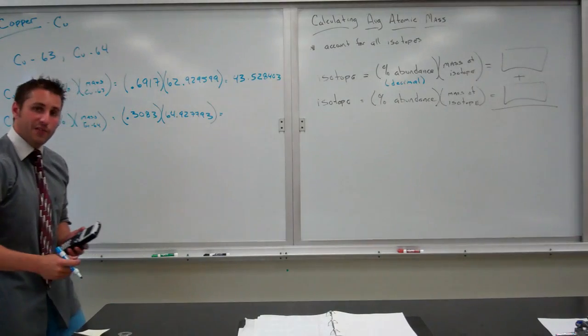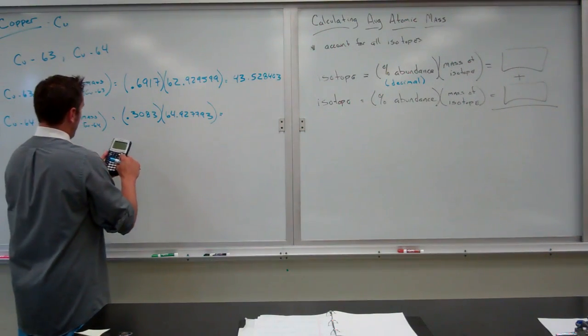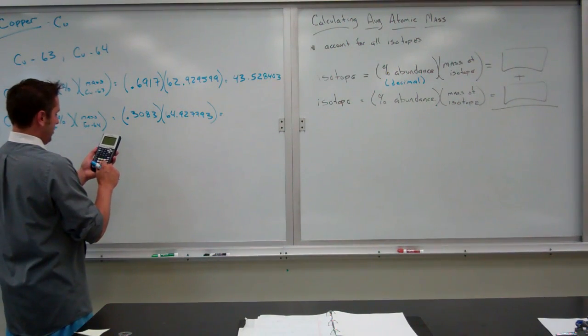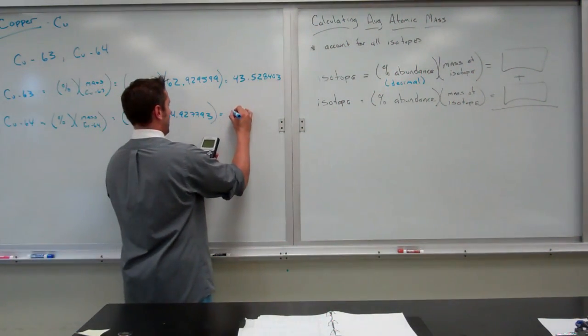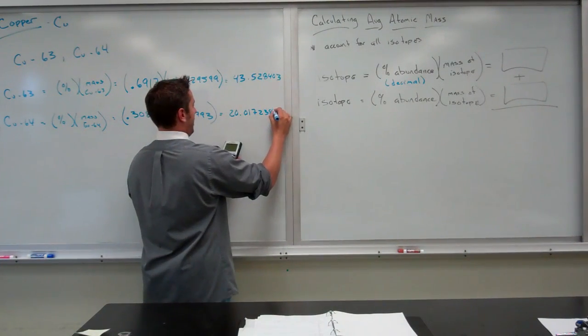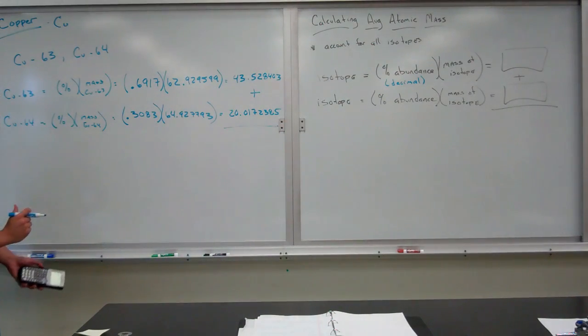And don't worry about significant figures for these calculations, simply get yourself a number. And for the bottom one, 0.3083 times 64.927793 gets me a mass of 20.0172385. And like I said, we're going to add those values together.